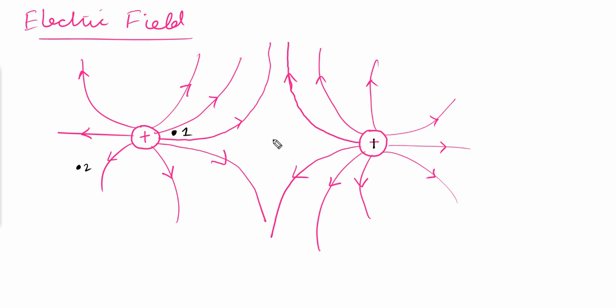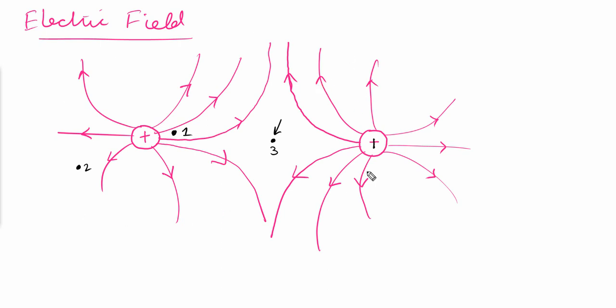Now if I place a test charge at this point, you see there is no electric field line passing through this point. So at this point my electric field strength will be equal to 0, which means no force will be exerted onto the test charge if it is placed at position 3. So this is how we can draw the electric field lines, and this is how we can determine the force exerted on a test charge placed within an electric field.